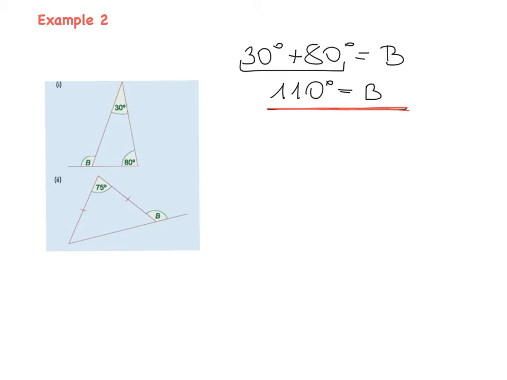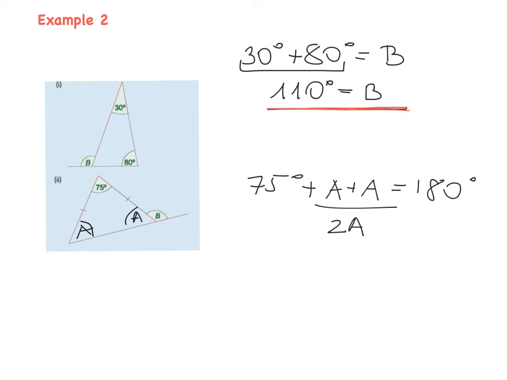So first of all, we have 75. We can name the other angles A. And A plus A plus 75 is 180. So in here we are using other theorems as well, okay? If we have A and A, we have two A's. So 75 plus 2A is 180.